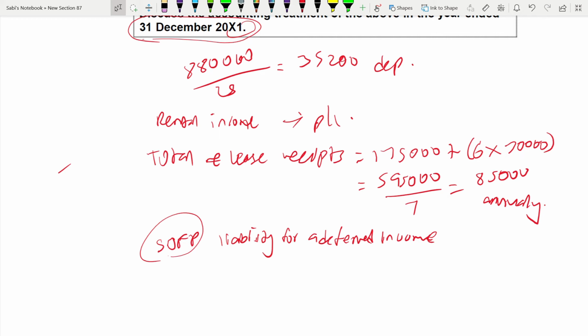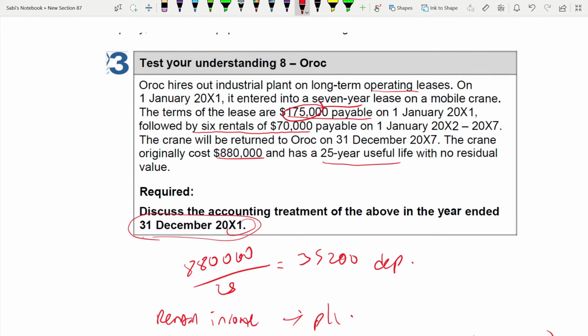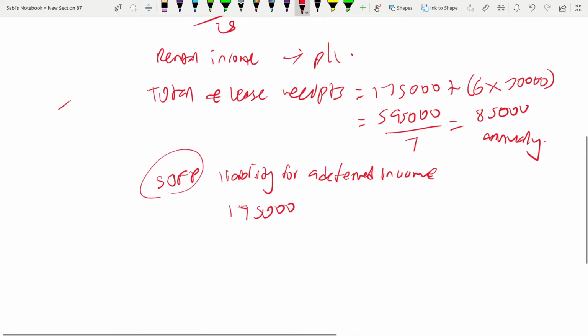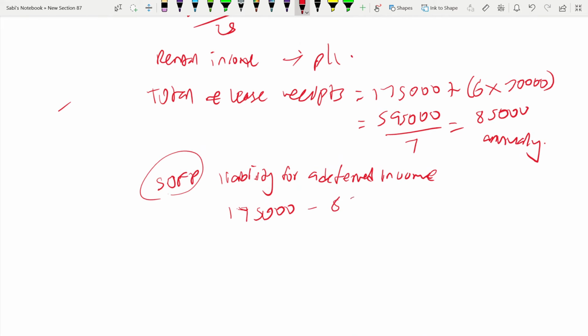So you see, this year it is 175,000. This is your receipt this year, payable on 1st of Jan 2001. But out of this, 85,000 you have to deduct, because 85,000 is your income for the year.